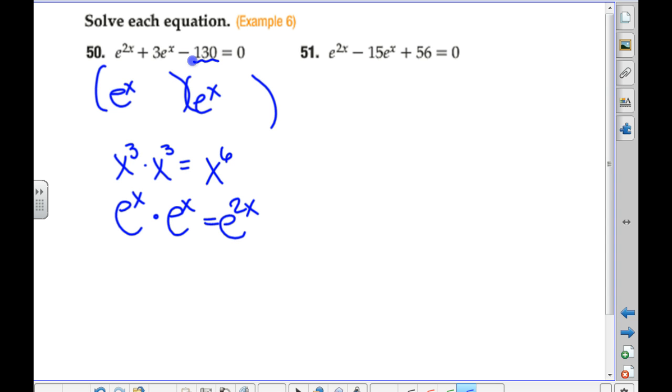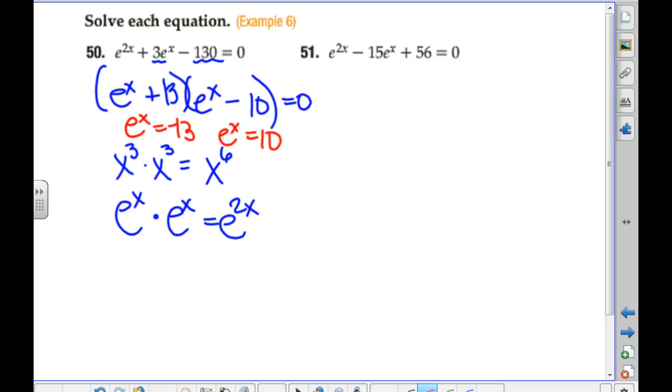Then I need factors of 130 that differ by 3. So I'm going to do 13 and 10. A positive 13 and a negative 10. So then I have e to the x equals negative 13 and e to the x equals 10 when I set them equal to 0. Does that seem okay?